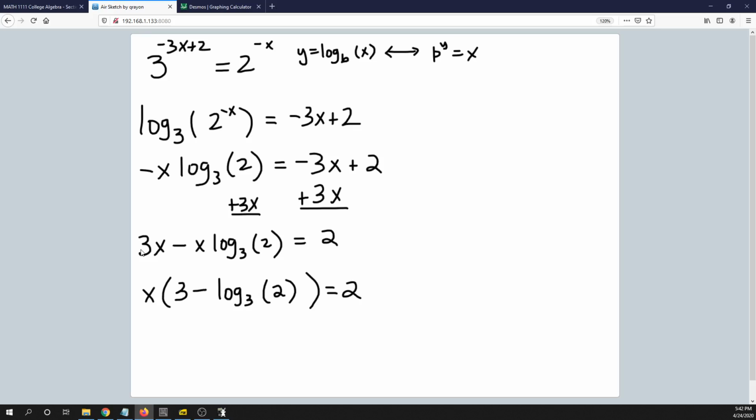So I can pull it out. And so the last step in solving for x is to divide by what x is being multiplied by, which is this entire expression over here. And I need to do that on both sides.